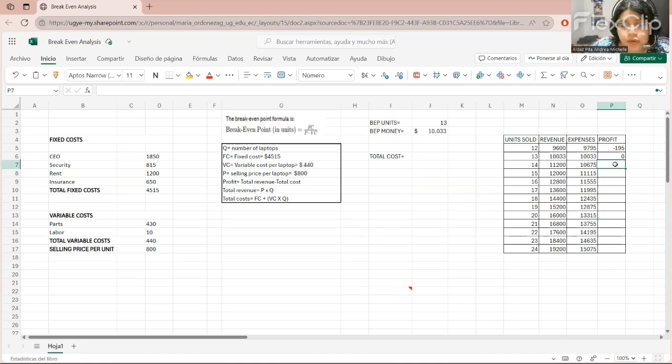Do the same here. Equal, equal the revenue less expenses. Drag, and those are the values for the expenses and for the profit.